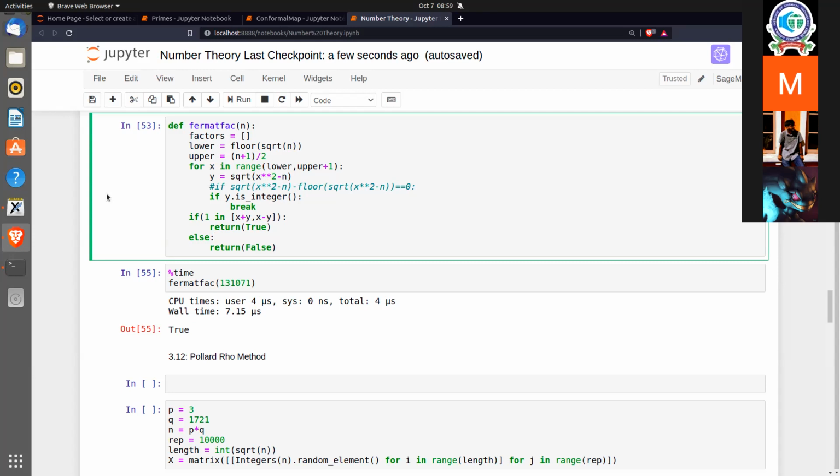Pollard rho method. Then next semester, I think you may take that also. That by using elliptic curves, elliptic curves will do the factorization. Later there are other methods, the number field sieve methods. They are called sieve methods.